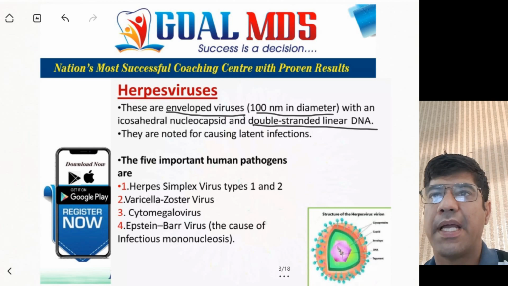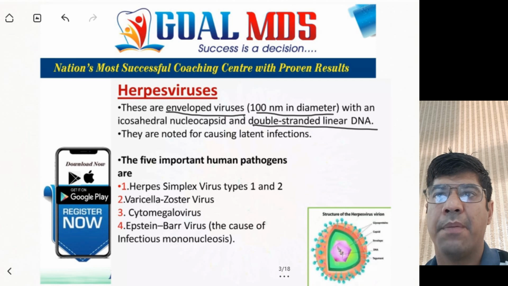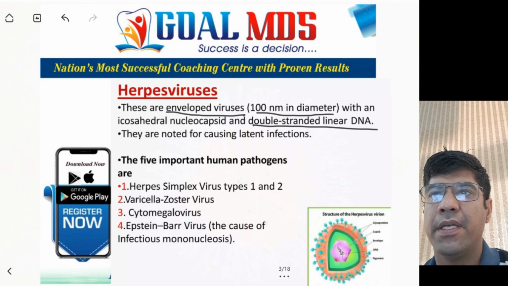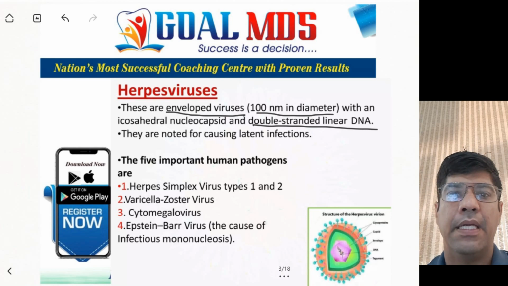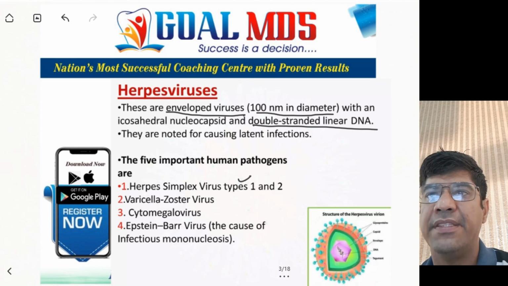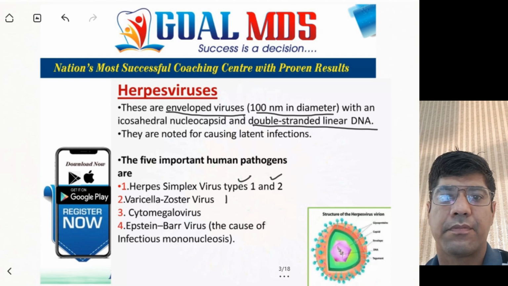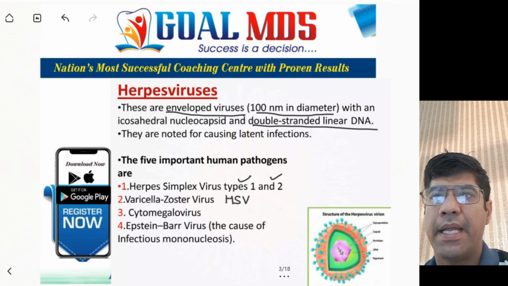Now what are the various types of herpes virus? They can be herpes simplex virus type 1, type 2, and type 3. Type 3 is also known as varicella zoster virus, and type 5 is known as cytomegalovirus.